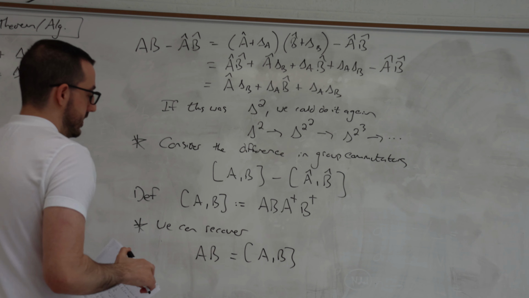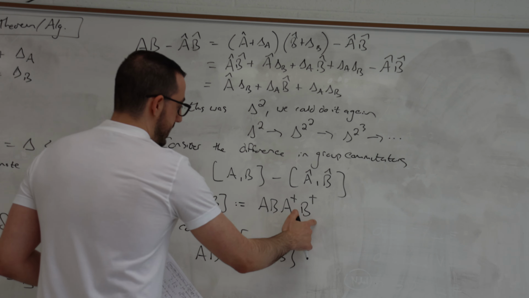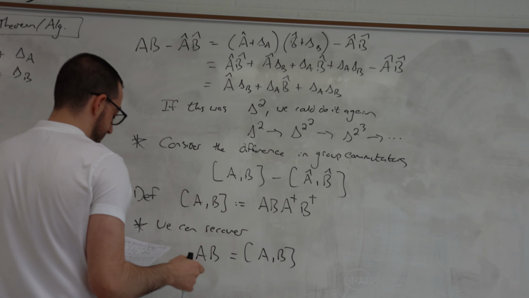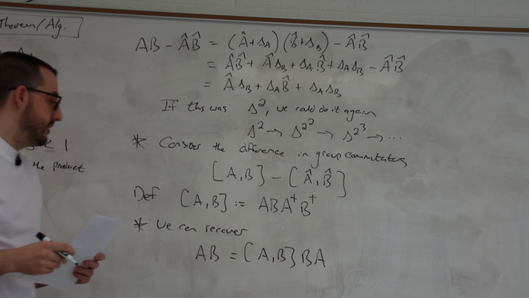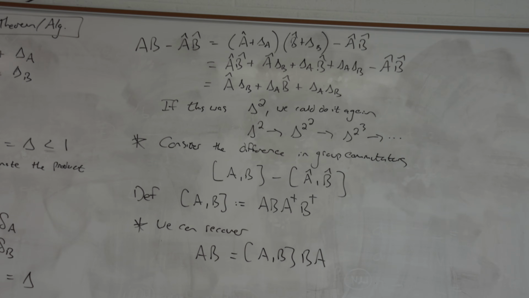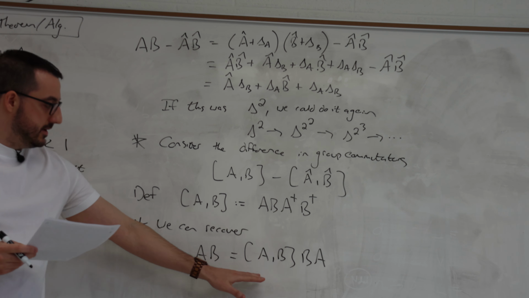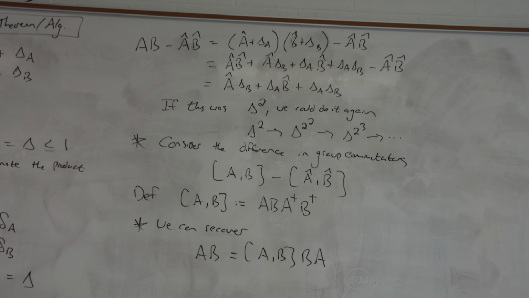Hopefully you can see that if I just multiply on the right by B and then A, I'll recover the product A times B. So this is how we can recover the product, the quantum circuit that we care about, from this group commutator. So it's fine to think about these group commutators. Just keep this in mind. We can always recover the thing we actually care about by this simple multiplication.